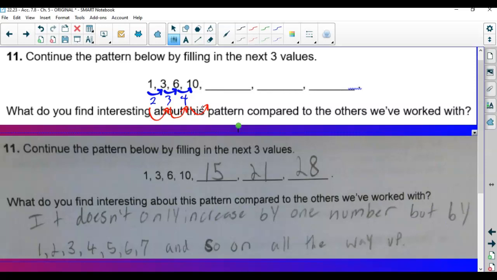But you don't know that type of graph yet, so we're not going to spend any more time on that. But yeah, you're right. That's something we notice when the increasing amount is consistent. Now, if that wasn't consistent, we would go even deeper and look for whether that is consistent. I know, math is complicated.